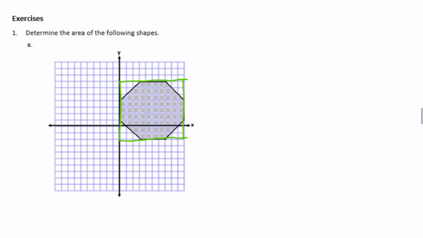So the area of the rectangle, the height is 1, 2, 3, 4, 5, 6, 7, 8, 9, by the width is 1, 2, goes all the way across, so it's 10. So 9 by 10.